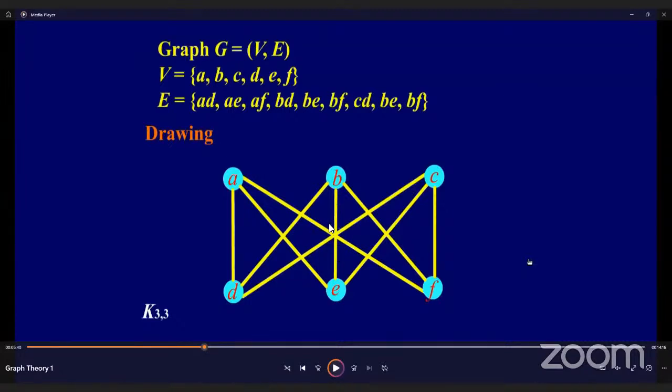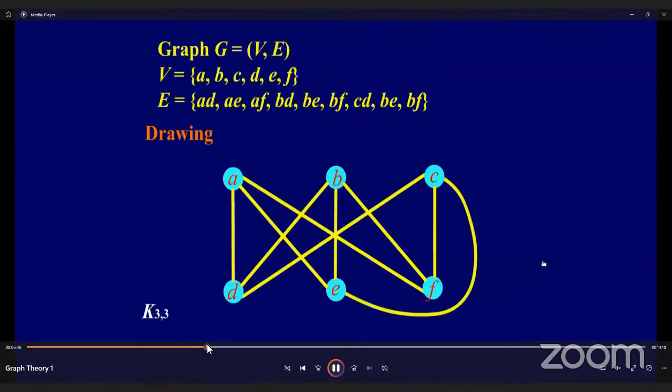So there are 3 in here. So you cannot actually draw like this. This is a bad drawing because here there are 3 crossings drawn in one place. So it is not good.